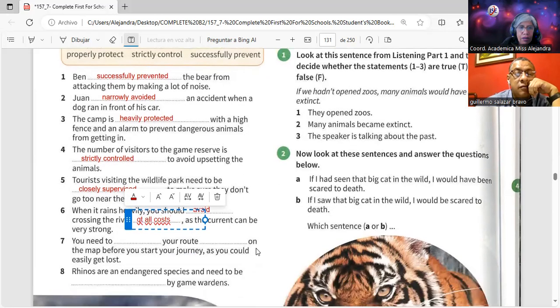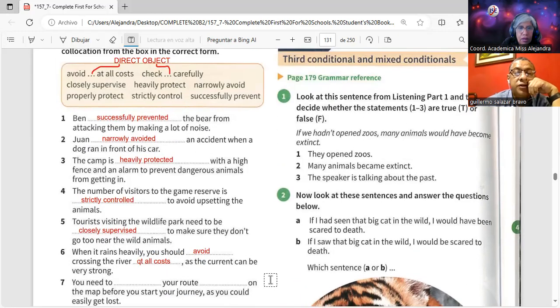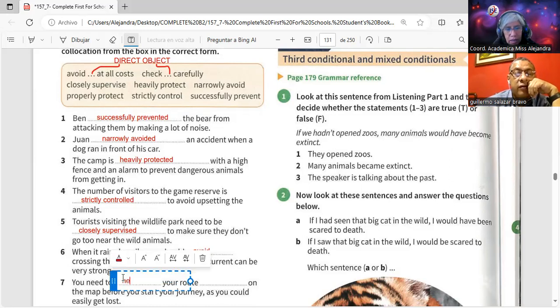As the current can be very strong, you need to check your route carefully on the map before you start your journey, as you could easily get lost.